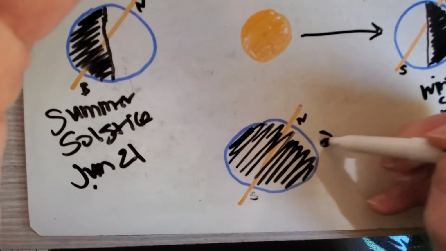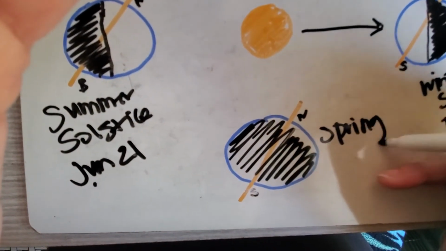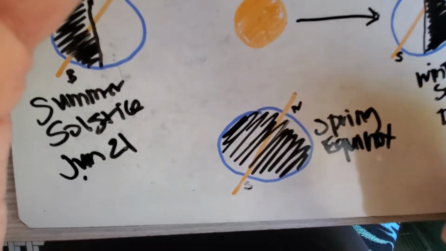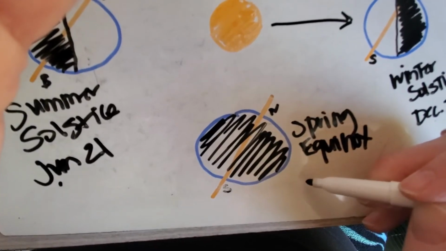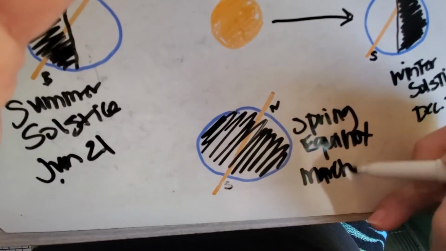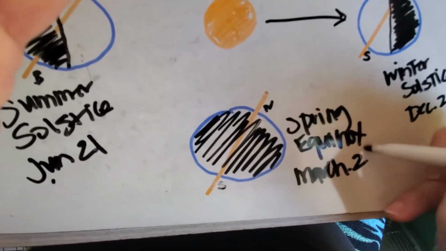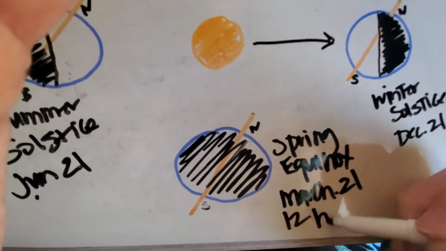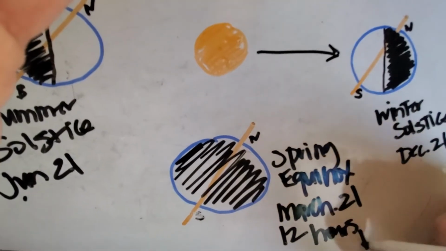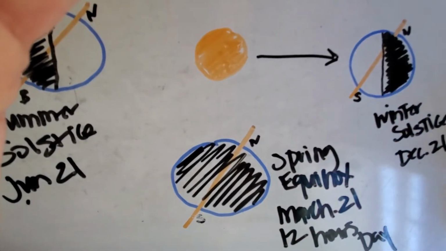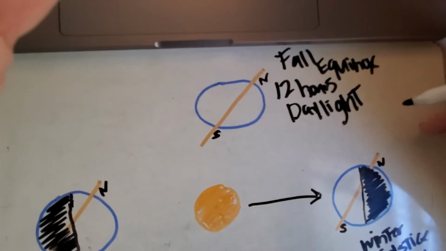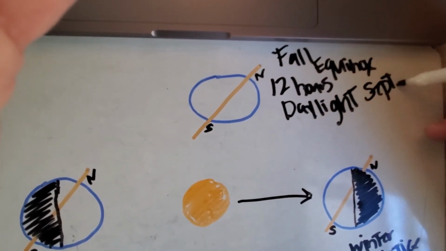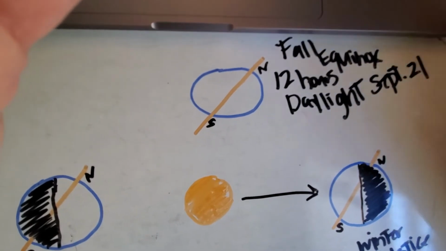Right, spring equinox. This is March. Let's put 12 hours daylight and 12 hours of darkness. So up here, don't forget, this is September 21st.